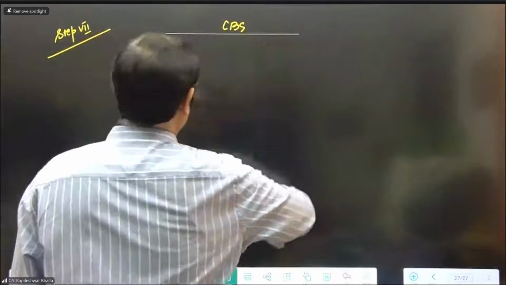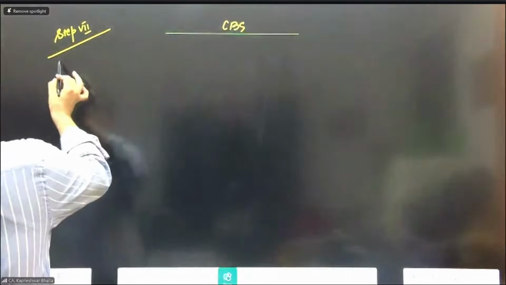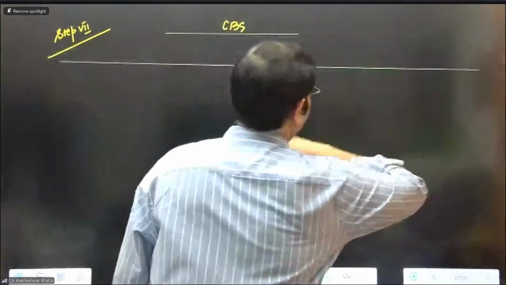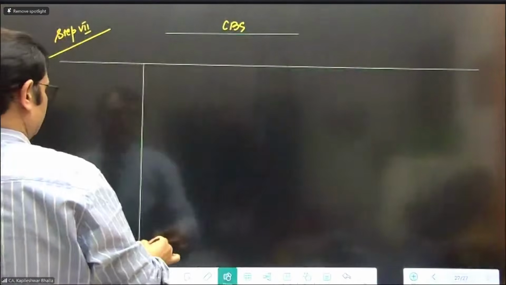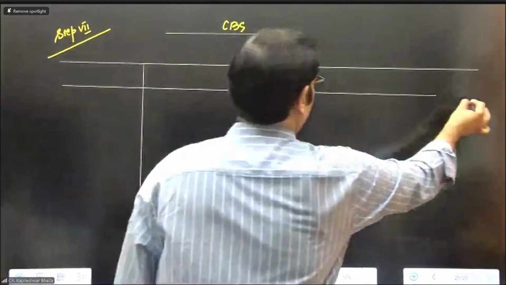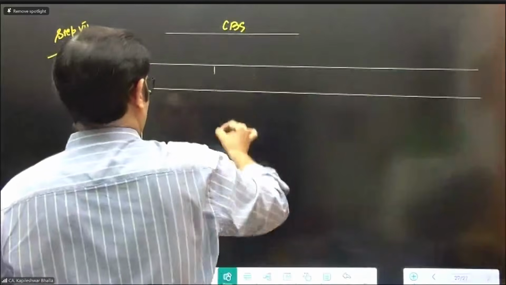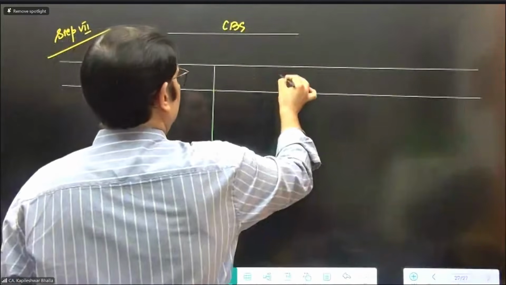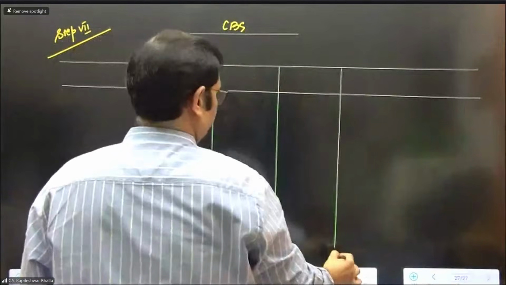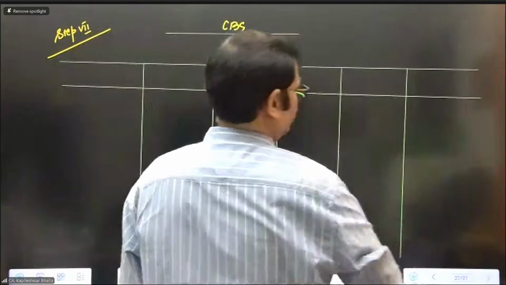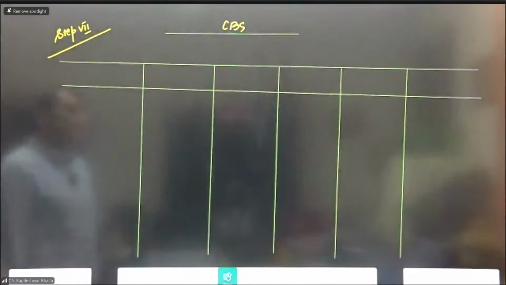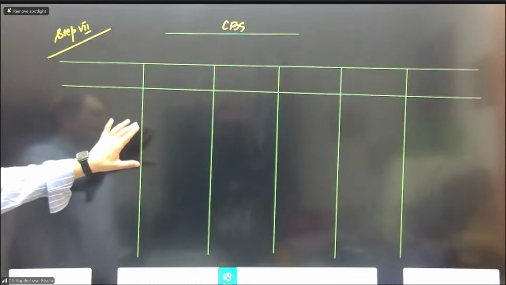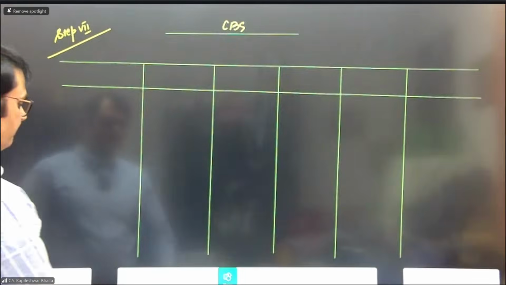So we'll have to make now a couple of columns because there is a parent, 2 subsidiaries, adjustments, and total. So 1 is for the parent and 2 for the subsidiaries, then 1 for the adjustments and 1 for the total. So this is how we can easily track the movements.